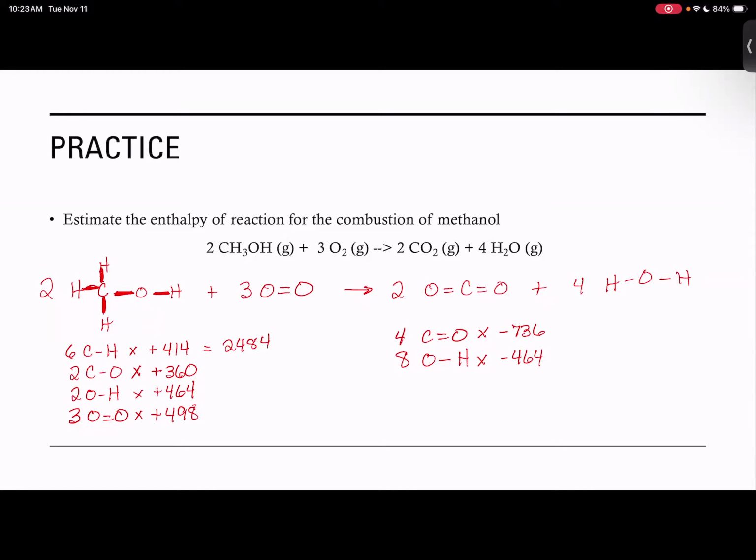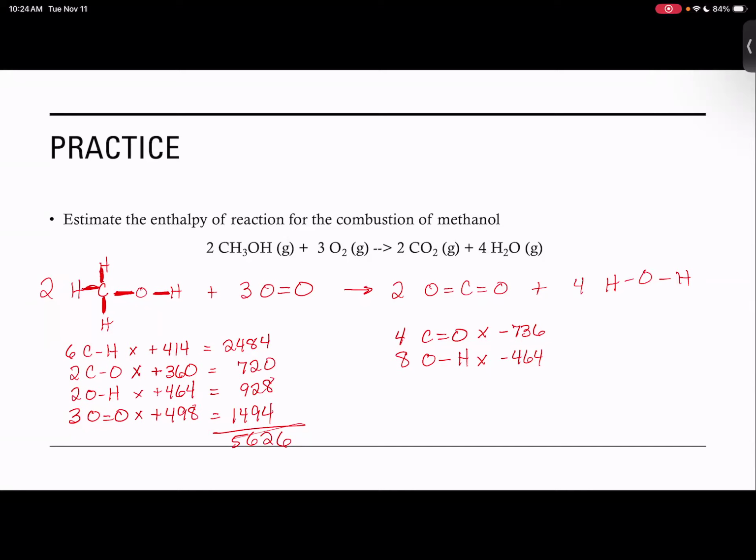2,484, 720, 928, 1,494, meaning that the reactants add up to be 5,626.